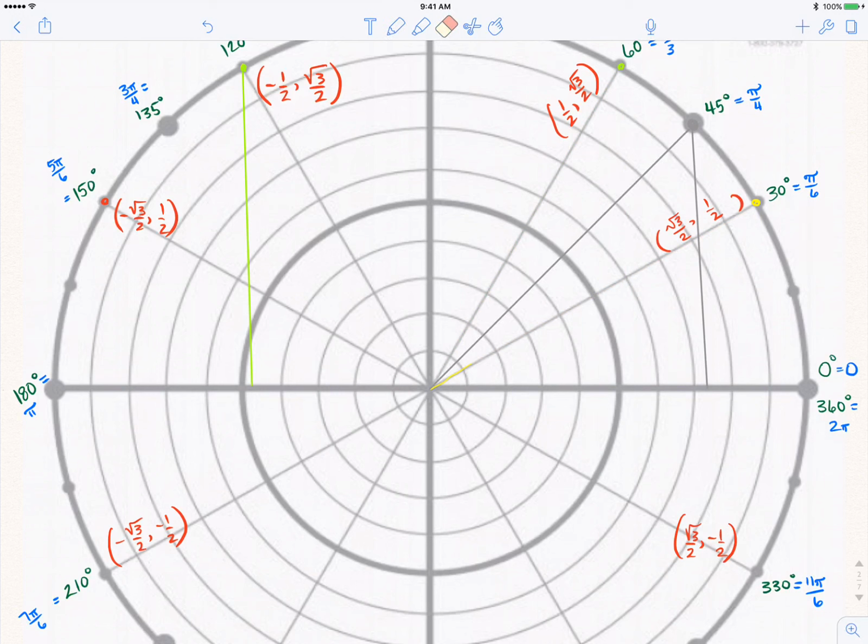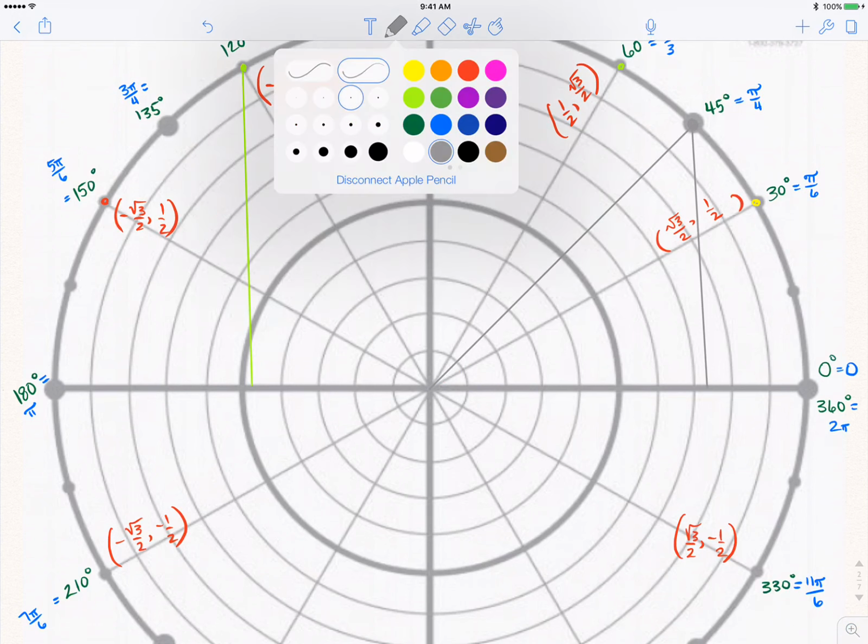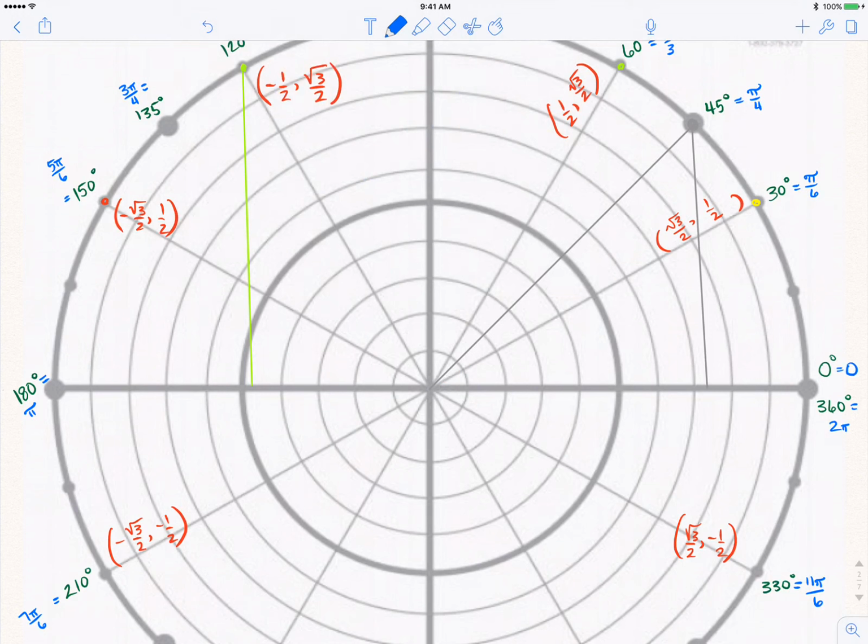So here I have my 45, 45, 90 triangle. Remember that the legs are always going to be root 2 over 2, root 2 over 2 on the unit circle when the hypotenuse is 1. So this coordinate is going to be right root 2 over 2, up root 2 over 2.